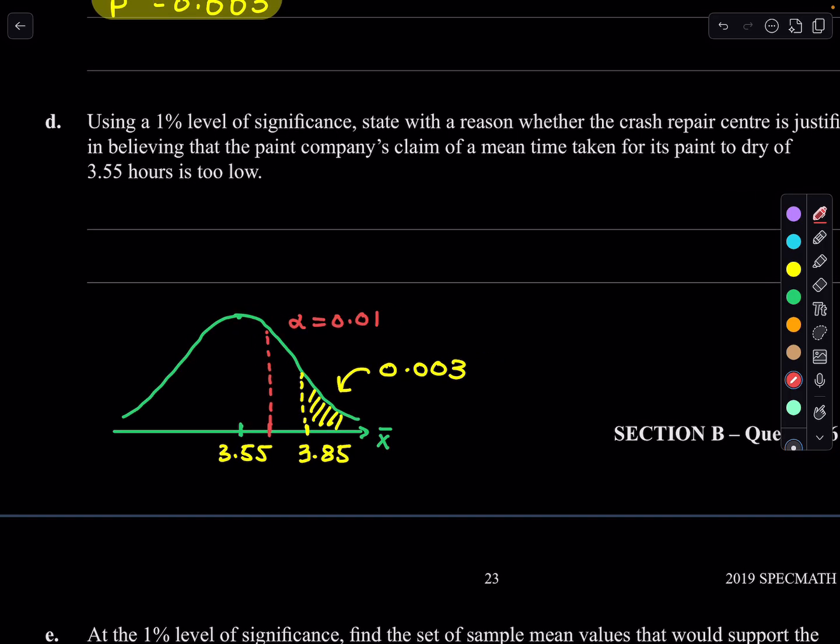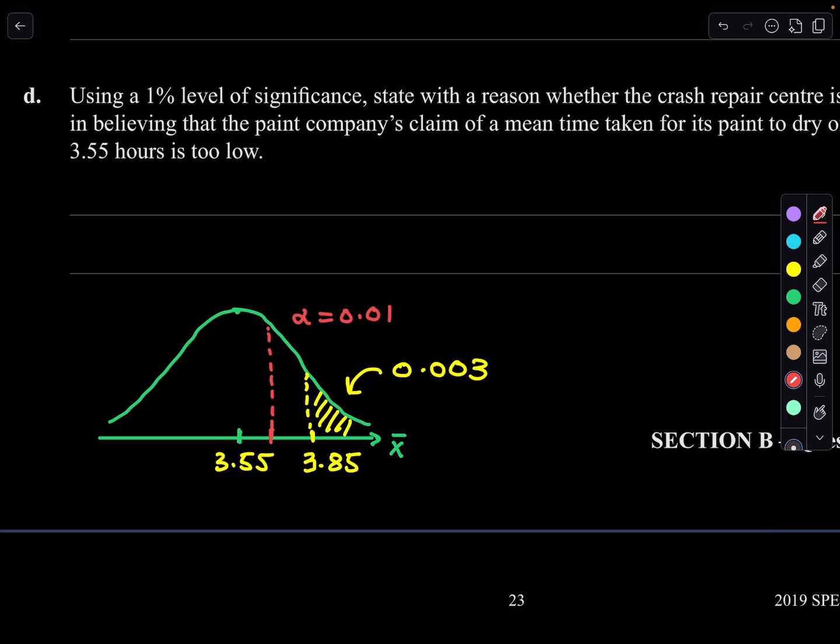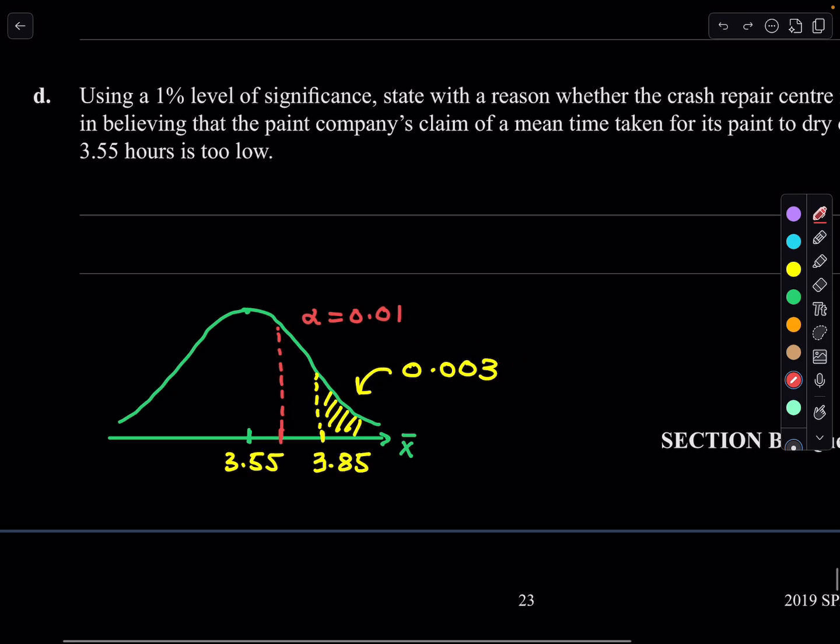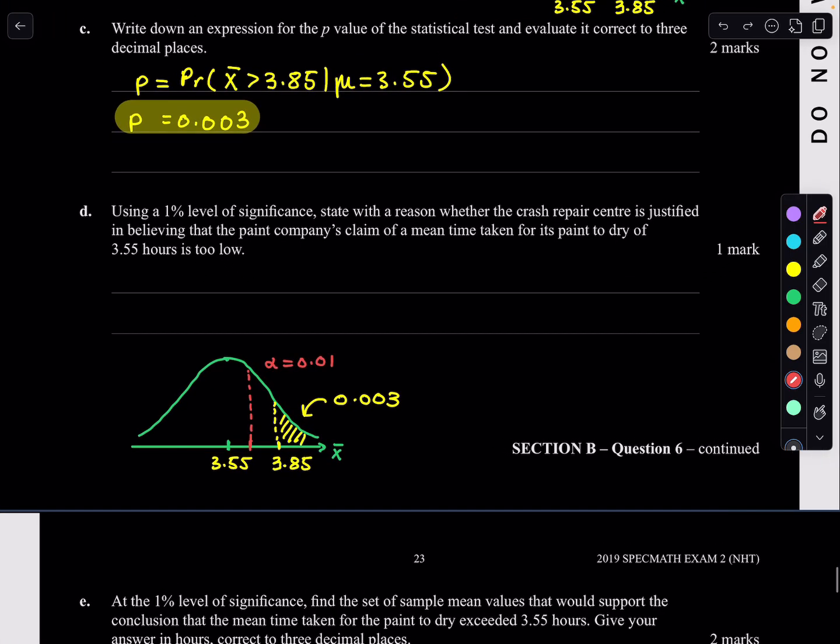It's so hard to kind of explain, but this probability is within your significance level. It's very significant basically. So what we would say here is, of course we have to explain, our p-value is so small that it's less than the alpha value, which is 0.01.